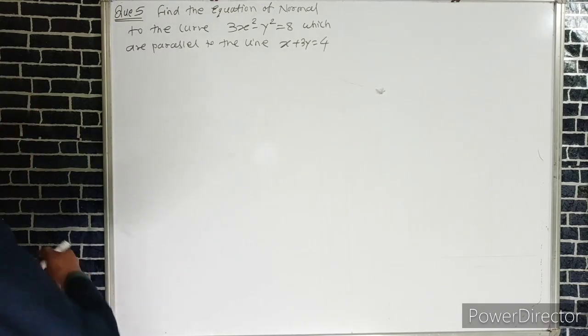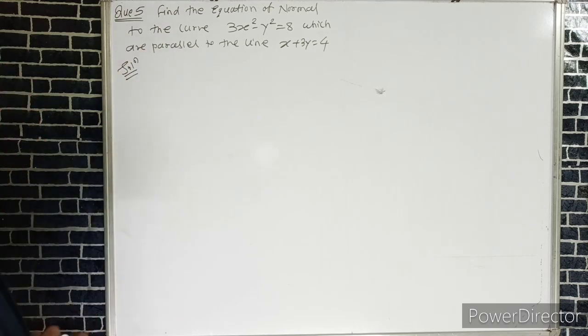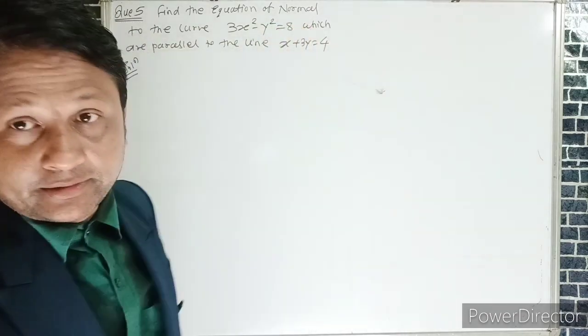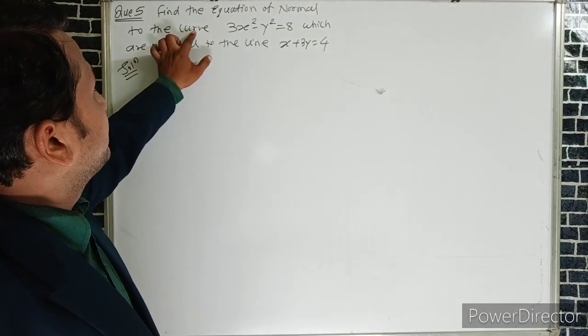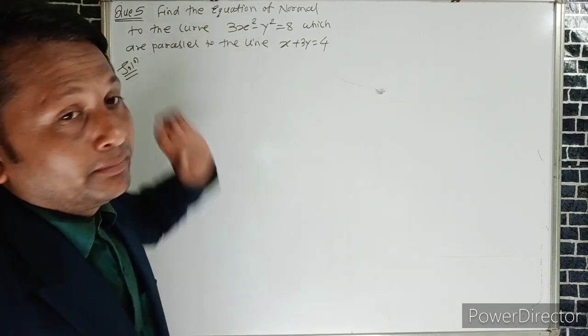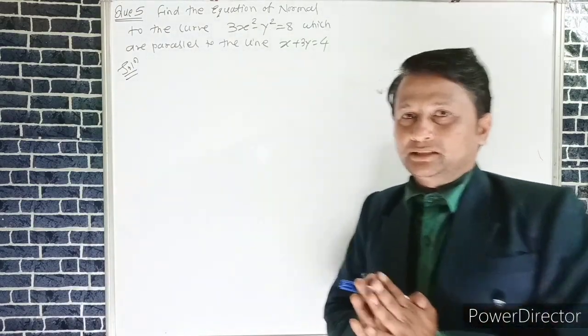Here we have to find the equation of normal to the curve 3x² − y² = 8. Normal is perpendicular to the tangent.